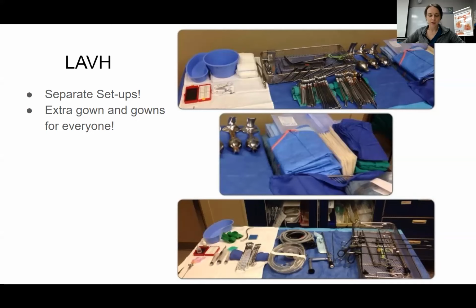What I want to point out is because we're removing a big portion of the vagina, the closure is going to be different. So you're going to have different types of suture, and you also are going to have more instruments that become contaminated. So you need a big setup for all your dirty instruments and then separating all your clean abdominal instruments.